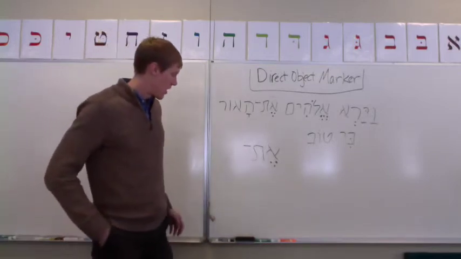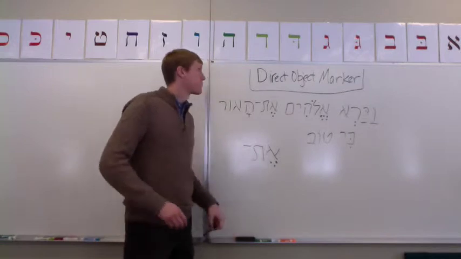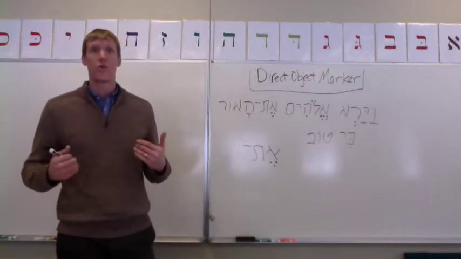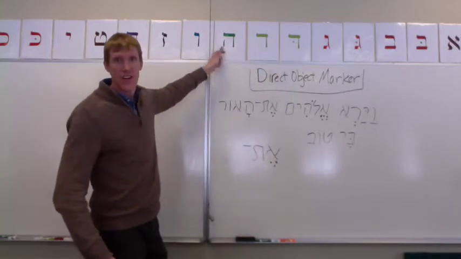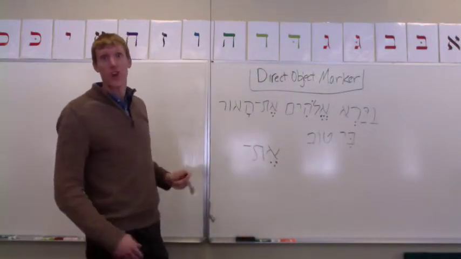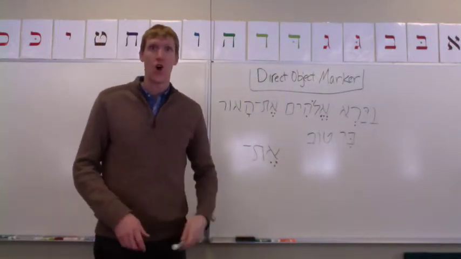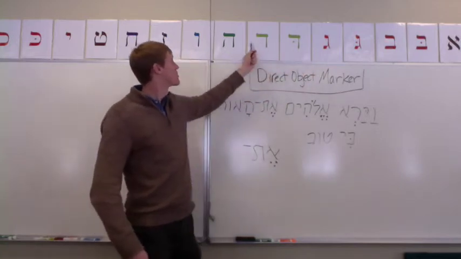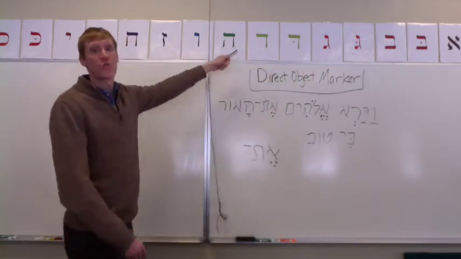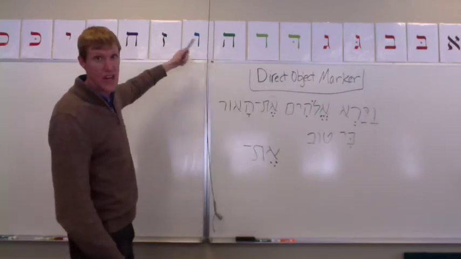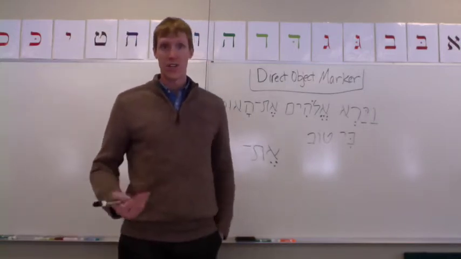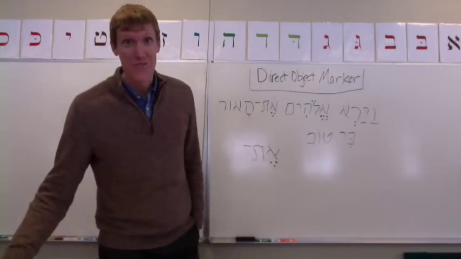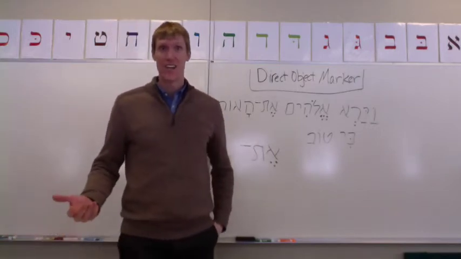But you'll recall that the word for letter, like all of these letters of the alphabet, is ot, otiot, letters. Well, the word ot, you'll recall from the Shema, is the word sign.